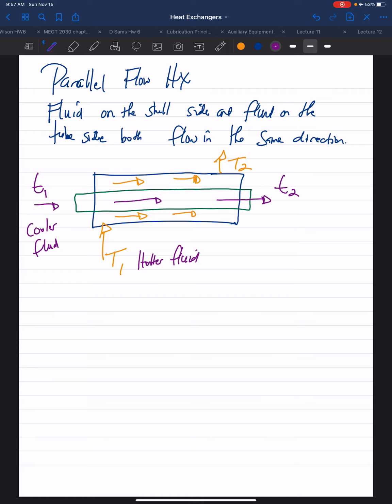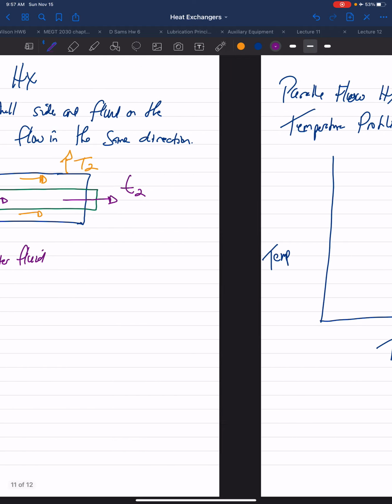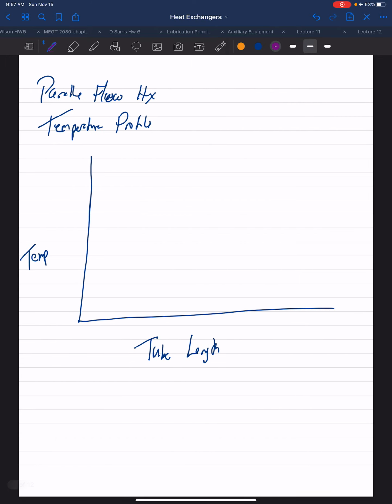So as the hotter fluid leaves, we expect the temperature to be cooler. As the cooler fluid leaves the heat exchanger, we expect the temperature to be warmer. So the temperature profile for the cooler fluid looks like this. The temperature profile for the entering hotter fluid looks like this. So this would be my hot fluid entering, T1, and leaving, and my cooler fluid entering and leaving. And it's for parallel flow.